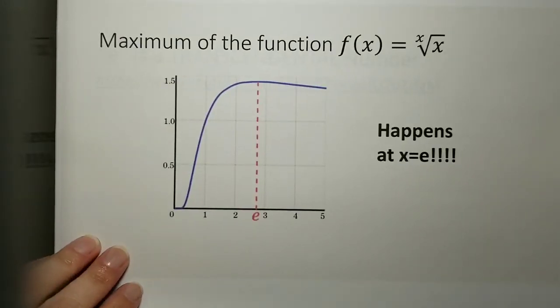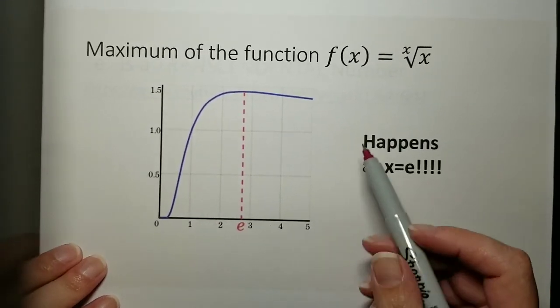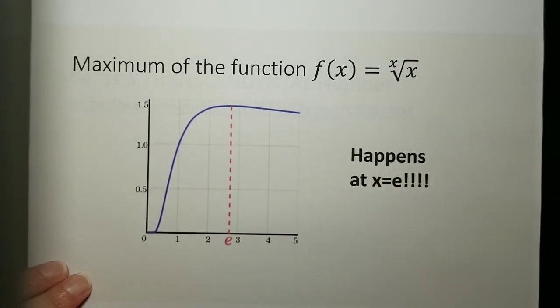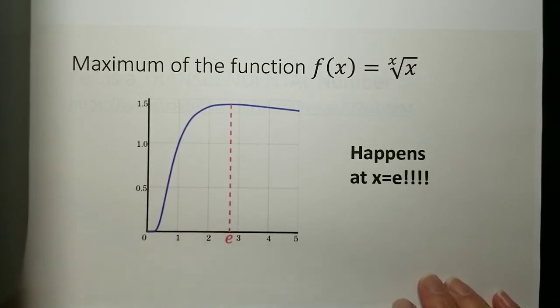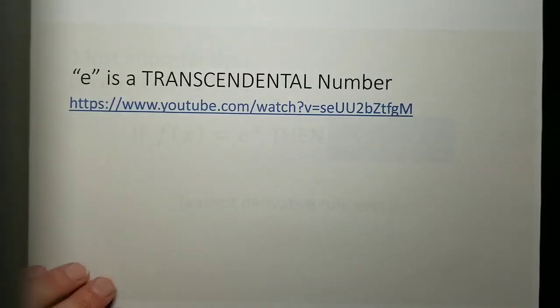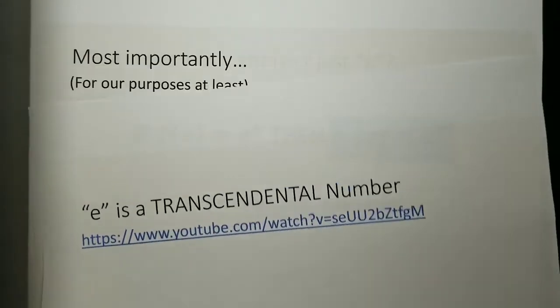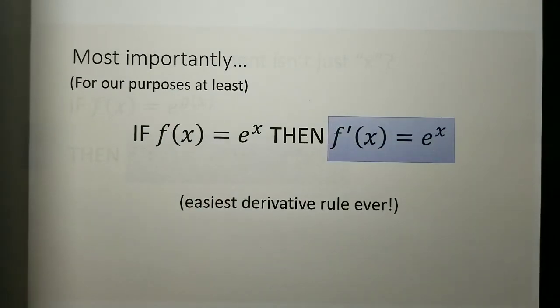Lots of weird things. Here's this weird function, f of x equals the x-th root of x. The maximum of that function happens at e. I'll link these videos, just some interesting things about Euler's number, this very special irrational number.